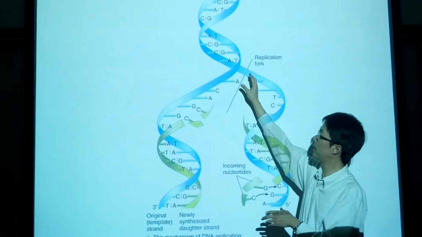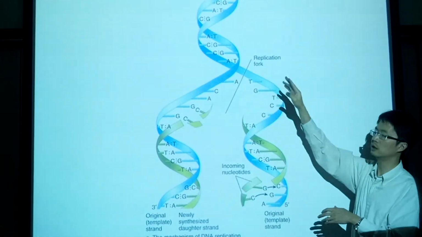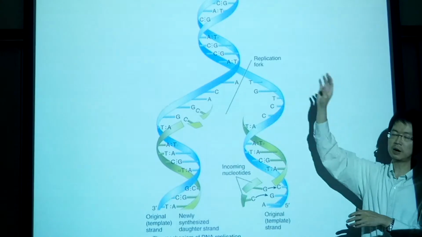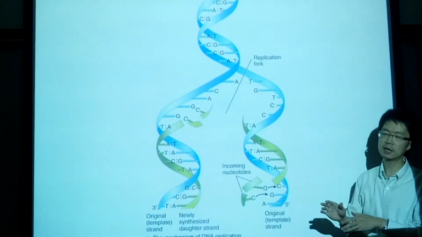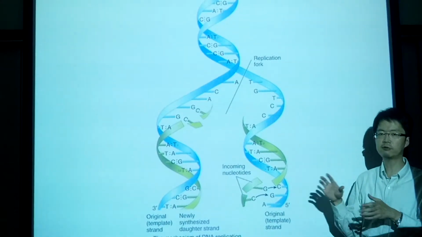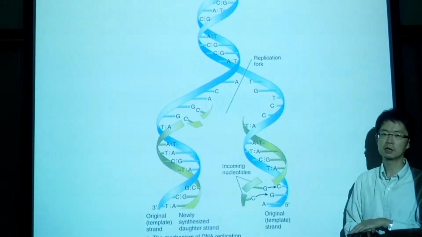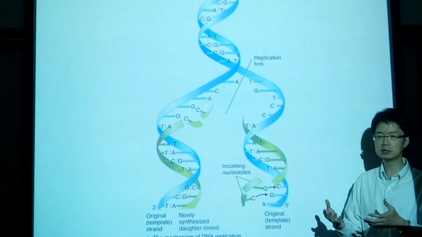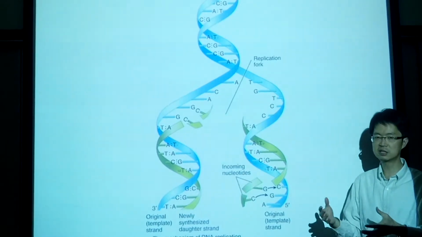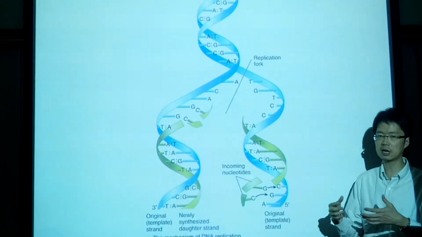Then you go back to the newly unwound DNA, bind there and replicate it. So you have these fragments. We call this an Okazaki fragment, and we require DNA ligase to seal all these Okazaki fragments together.